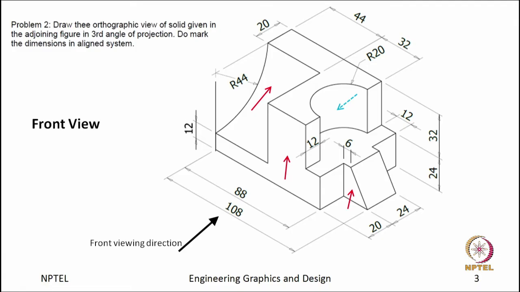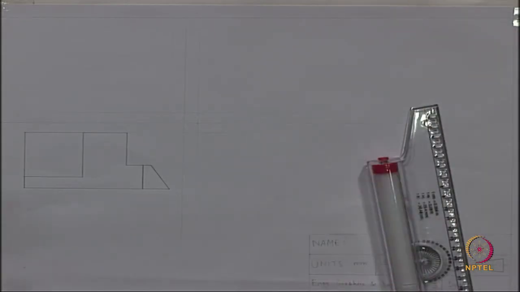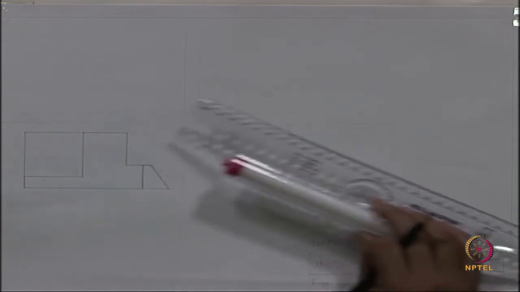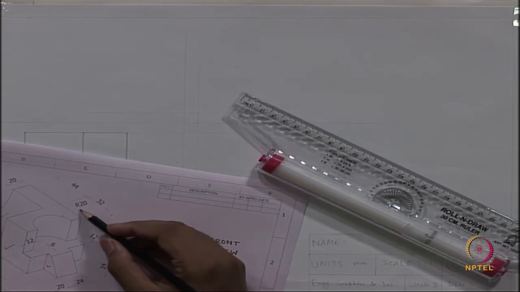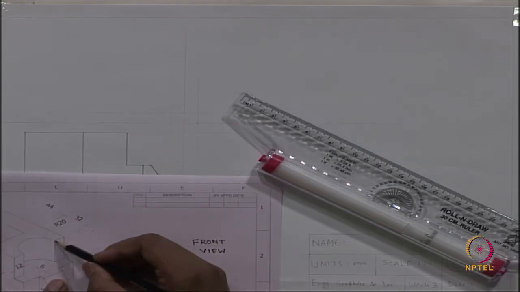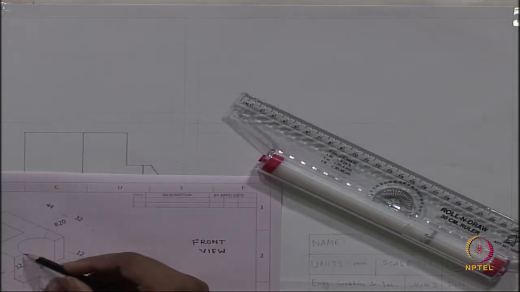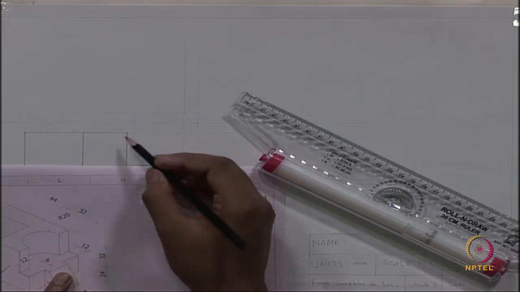So, as it is a cylinder, we will draw the view as a rectangular part, and the dimension of the cylinder was radius 20, and we will start it from here, because this point, this and this are colliding into this point in the projection.